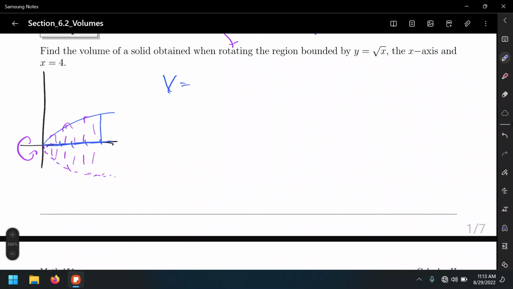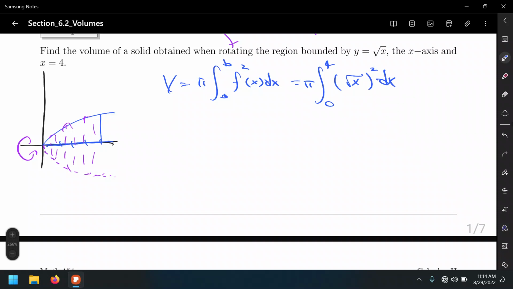So volume equals pi integral from a to b of square root of x, quantity squared, dx. Okay, and in this case we have the limits of integration from the graph. What will be the limits? From 0 to 4. Alright, the integral from 0 to 4 of square root of x quantity squared dx.